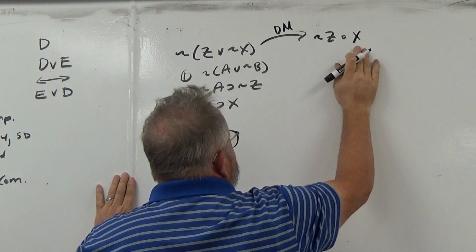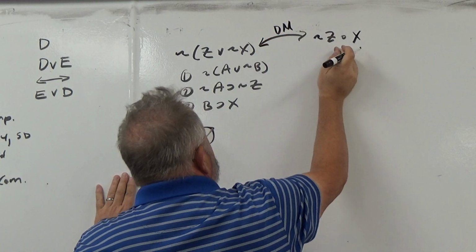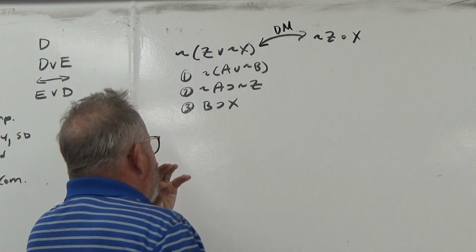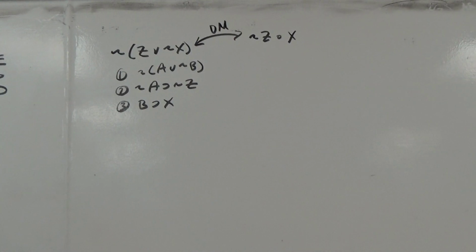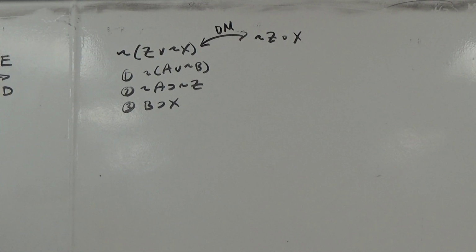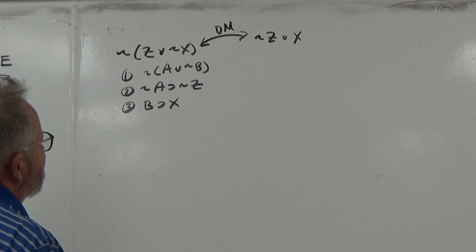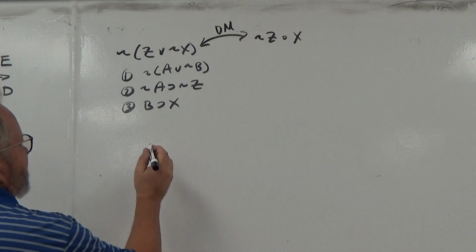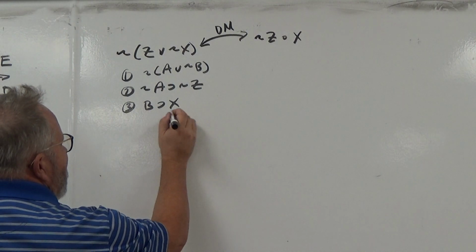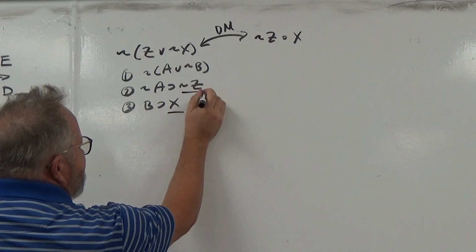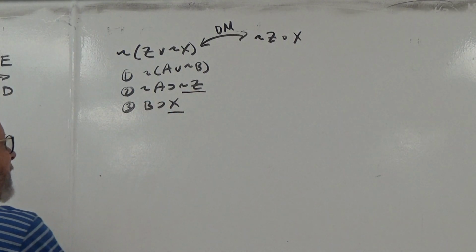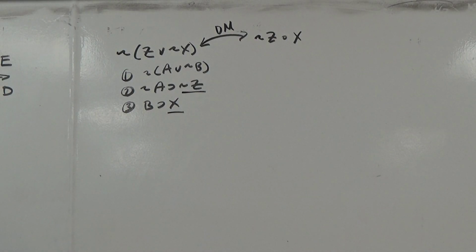So if I can find this, I can use De Morgan's to get back to that, okay? And this looks doable because there's an X, so I just need to go find a B, and there's a not Z, so I just need to go find a not A, okay?